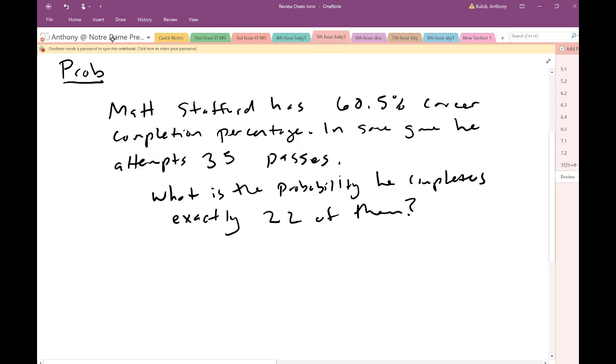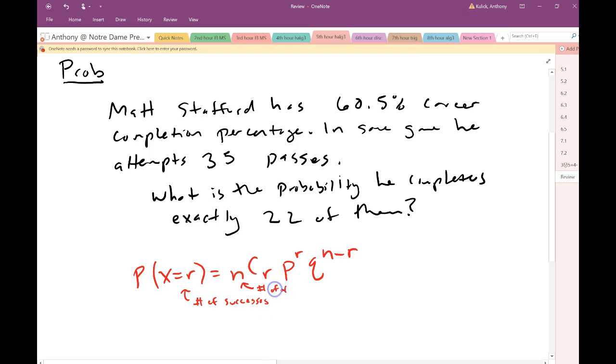So the key to doing this kind of question is that you know the binomial probability formula, which is this, where R is the number of successes, N is the number of trials or attempts, P is the probability of success, and Q is the probability of failure.